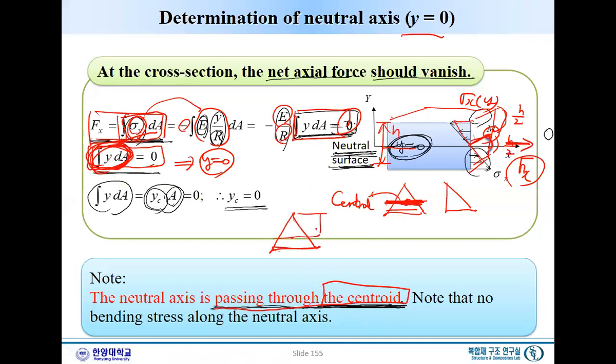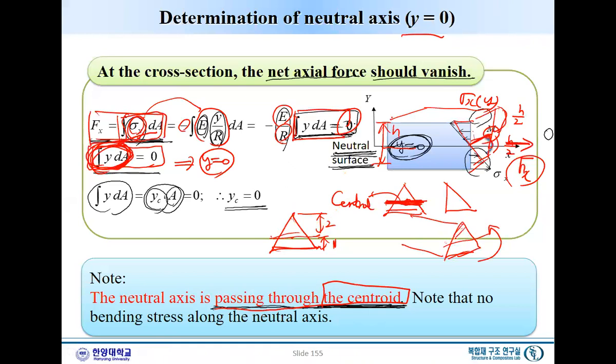This is the 2 to 1, right? 2 to 1. See, physically, why 2 to 1? When we have this triangle, imagine that there will be certain stresses here.